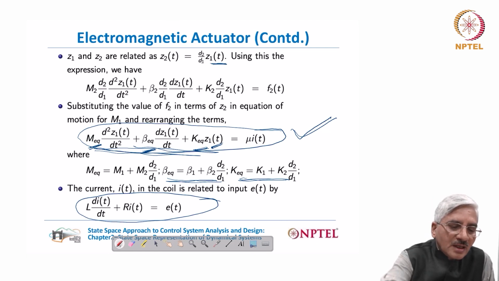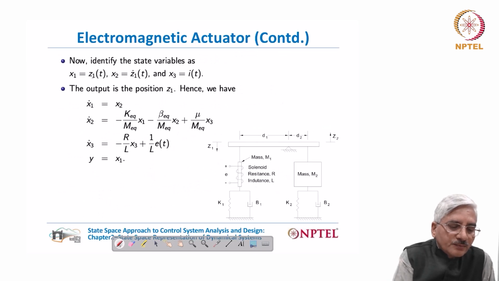So we have x1 equal to z1 and x2 as velocity, that is z1 dot. Now we know that z1 dot is the derivative of z1. So we have x1 dot equal to x2. That gives this equation.